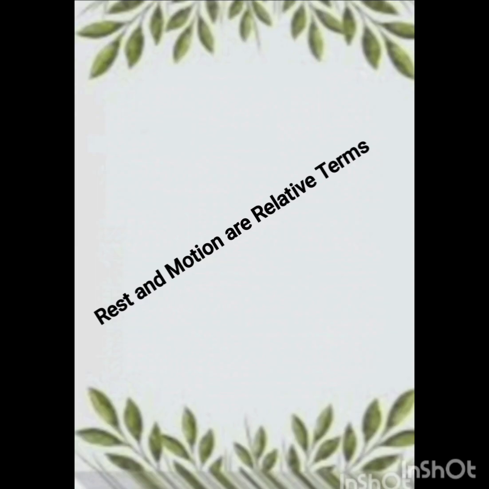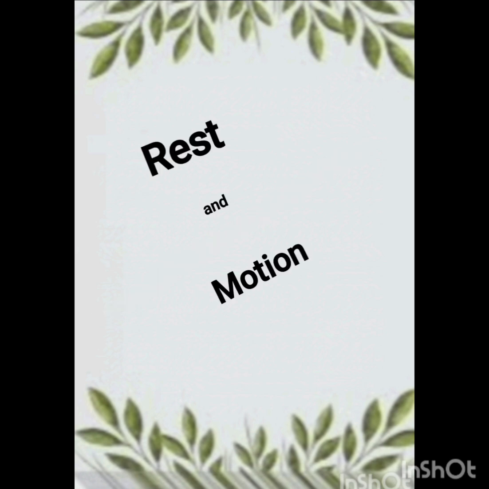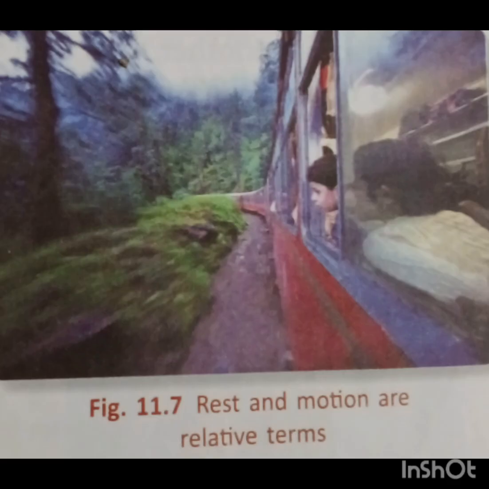You know, children, rest and motion are relative terms. For defining the terms rest and motion, we need some surroundings. An object may be at rest with respect to one reference object and in motion with respect to another. Suppose you are sitting in a moving train.